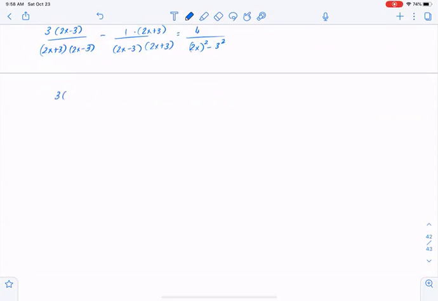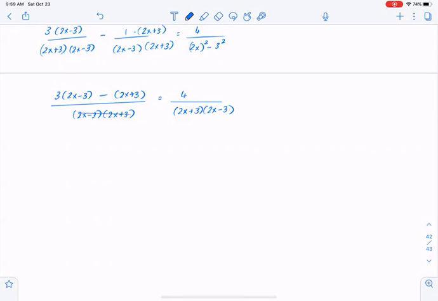So 3 times 2x minus 3 minus 2x plus 3. I'm combining the numerators because we have a common denominator. And the right-hand side, we can write the denominator as 2x plus 3 times 2x minus 3.